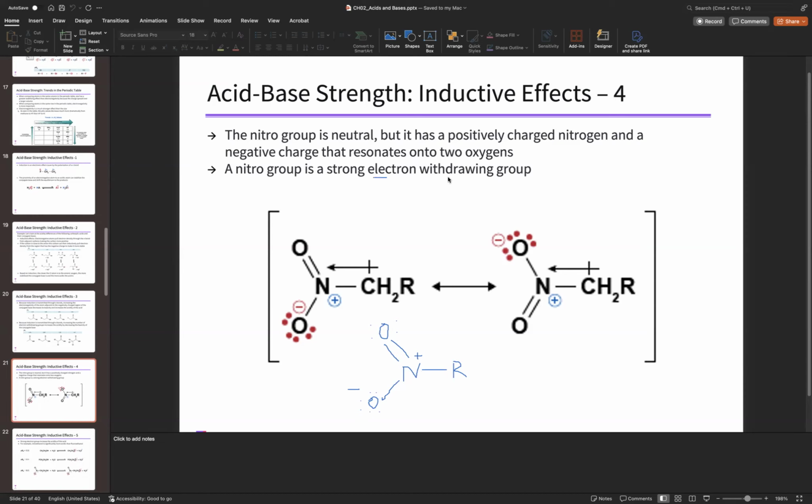It's called an electron withdrawing group. There are other electron withdrawing groups, but in our course we are only going to look at the regular electronegative atoms and nitro group. But any group that has a positive charge on that atom that's directly bonded to the carbon can serve as an electron withdrawing group.